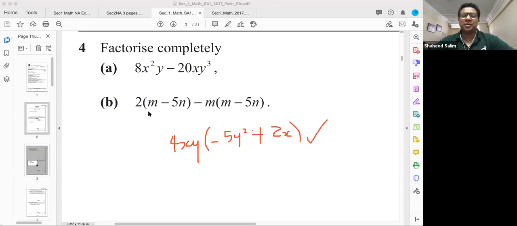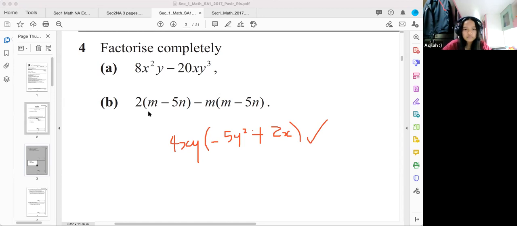Okay, can you do the next one? Negative m plus 5n bracket m minus 2.